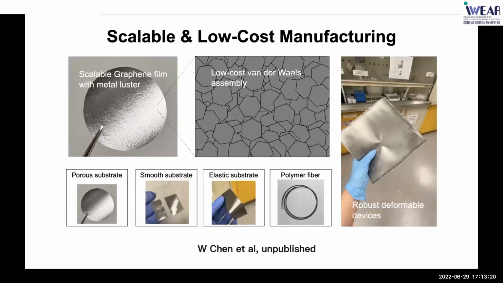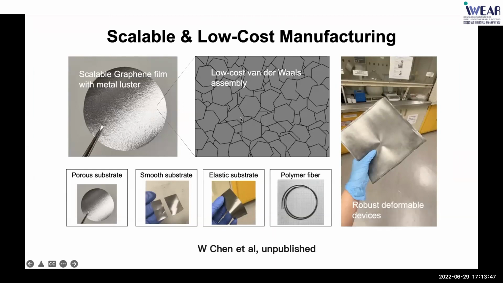Okay, this is our recent work, trying to make them on large scales by using just simple van der Waals interactions. We can see the graphene film with metal luster can be easily achieved due to the van der Waals assembly method.